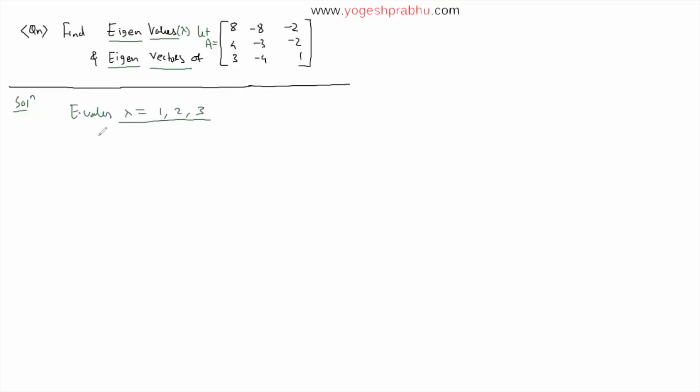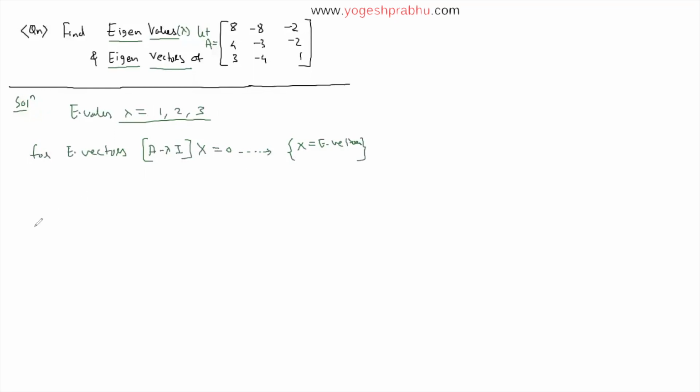Now for every eigenvalue, we will have to find out the corresponding eigenvector. Now for eigenvectors, we will need to use the matrix A minus lambda I times X is equal to 0. Please note that here X is the eigenvector.